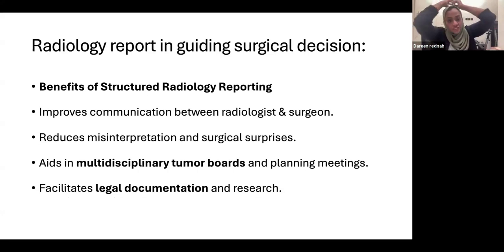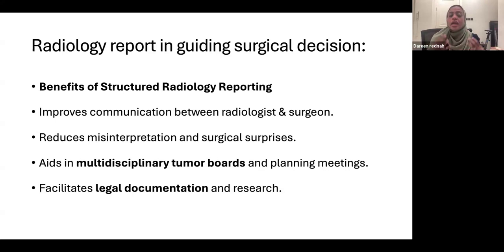So, benefit of a structured radiology report: improve communication between the radiologist and surgeon, reduce misinterpretation and surgical surprises, aids in multidisciplinary tumor board and planning meeting.